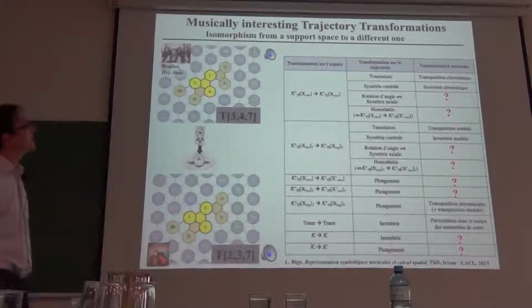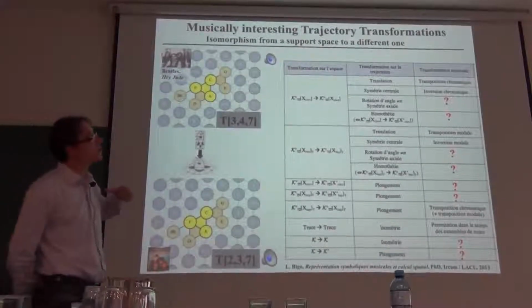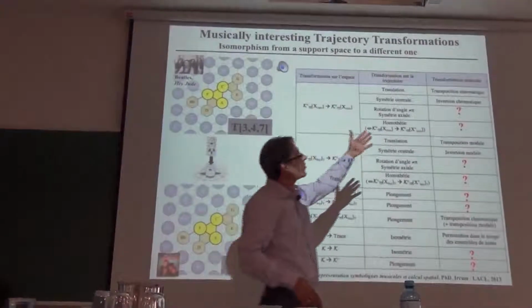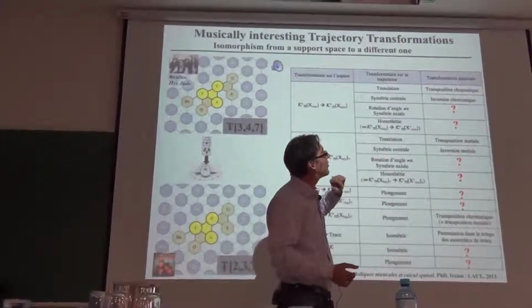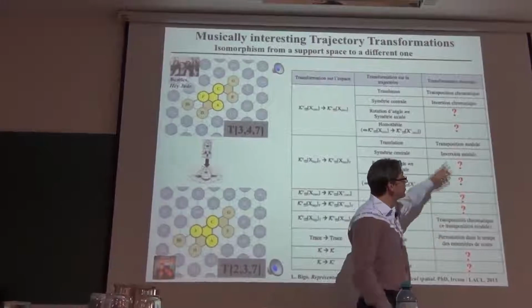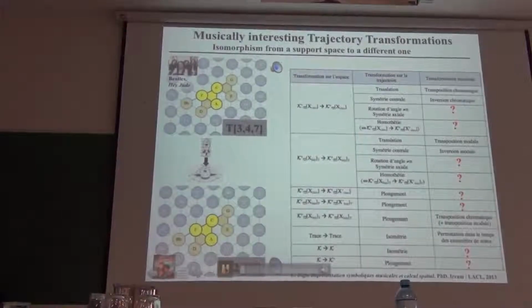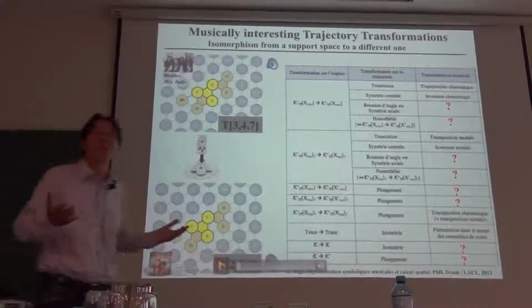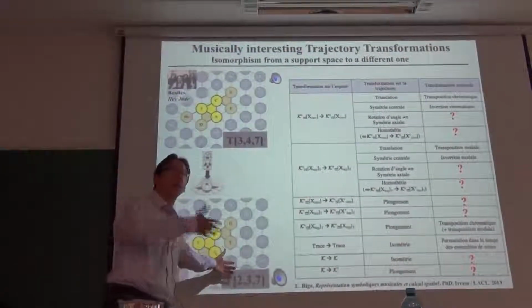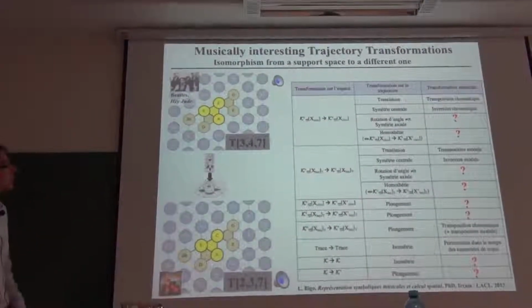Trajectory transformations can be seen as isomorphisms from a given space to a different given space. And then you come back and obtain traditional musical transformations like chromatic transposition, chromatic inversion, modal transposition, modal inversions, but actually you have a lot of different musical transformations that you have no name to describe, and which are completely described in terms of the underlying geometrical space in which you are transforming your piece.